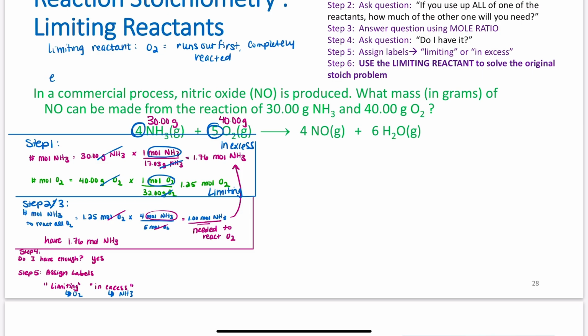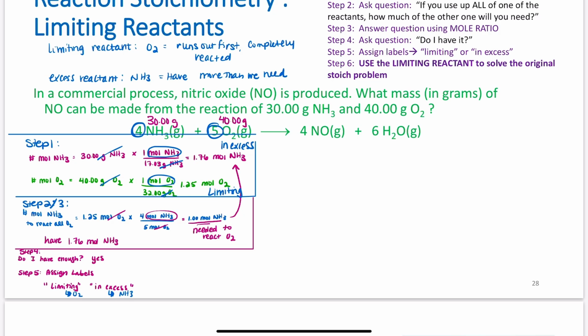Your excess reactant is ammonia, and we have more than we need. We only need 1 mole of it, and we have 1.76 moles.